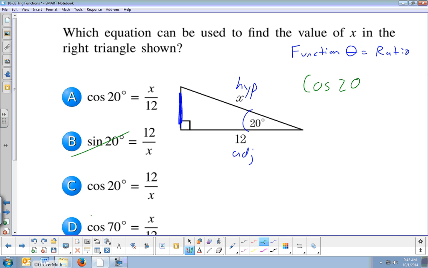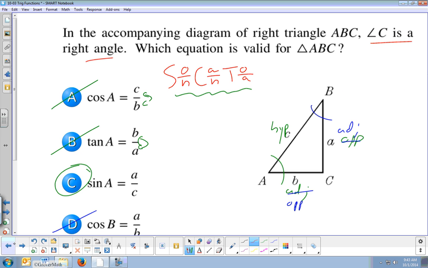And so this would be cosine 20 equals adjacent over hypotenuse. Function angle equals ratio. This is an important concept right here, how everything is set up. And we saw that with these too. Like this is saying sine of angle A is your opposite over your hypotenuse, which are A and C.